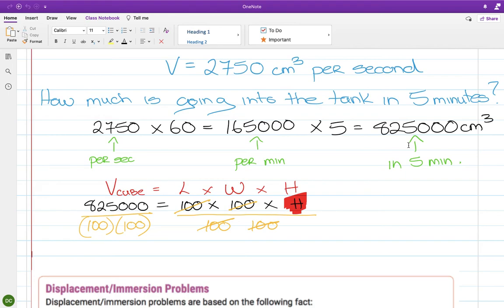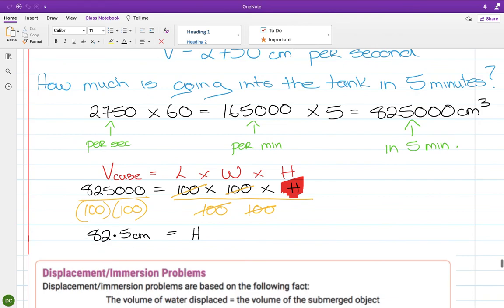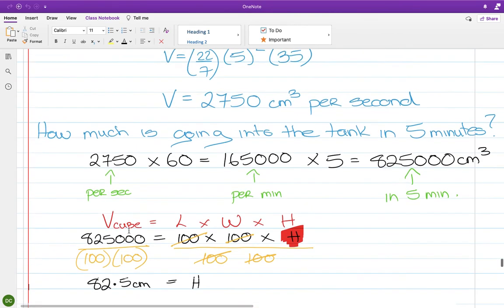So 825,000 divided by 100 divided by 100, and it gives me a height of 82.5 centimeters. Okay, so there's space for it to go up to 100 centimeters in height. This has filled it to 82.5 centimeters in 5 minutes. So find the rise in the depth of the water in the tank in 5 minutes. It has increased by 82.5 centimeters.